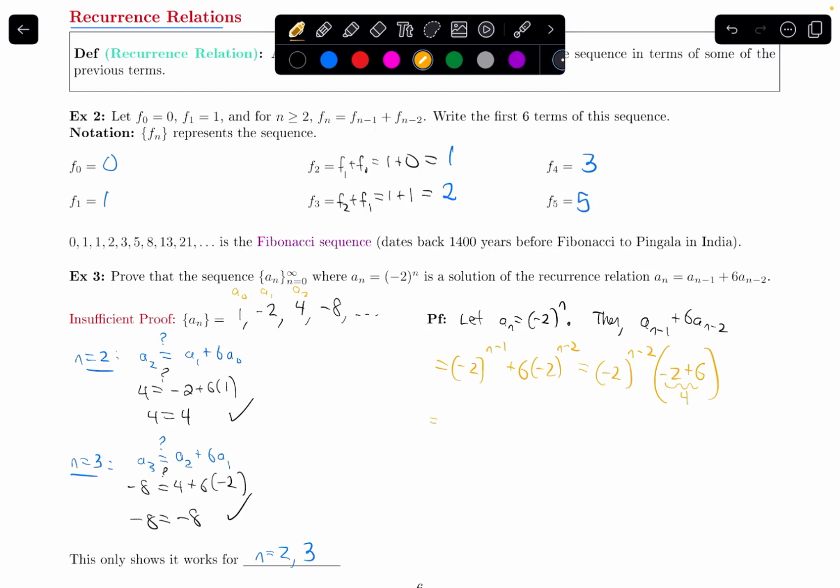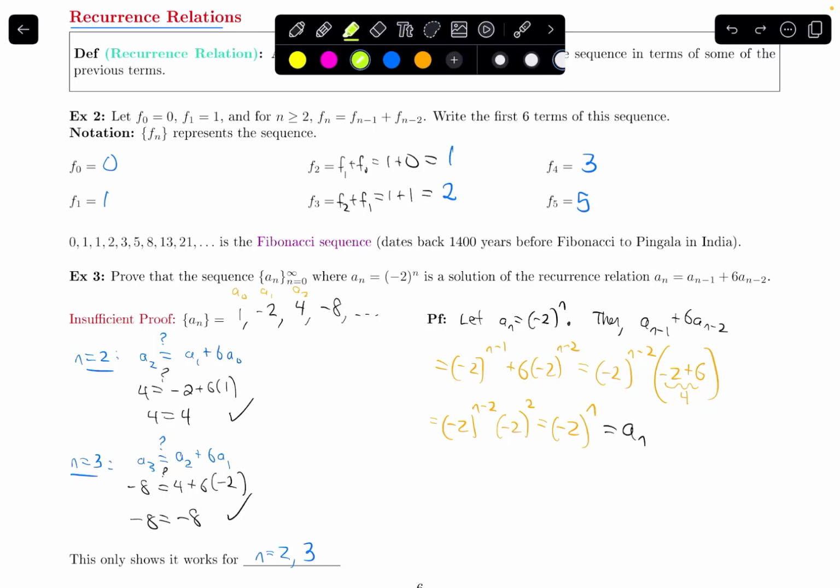So what I have is (-2) to the n-2, and I'm going to rewrite the 4 as (-2) squared. The reason I'm doing that is if I make the bases the same, now I can use exponent properties. This equals (-2) to the, and I add the powers together, which gives me n. But (-2) to the n, well, that was a(n). So we just got that this equals the original thing on the left-hand side.